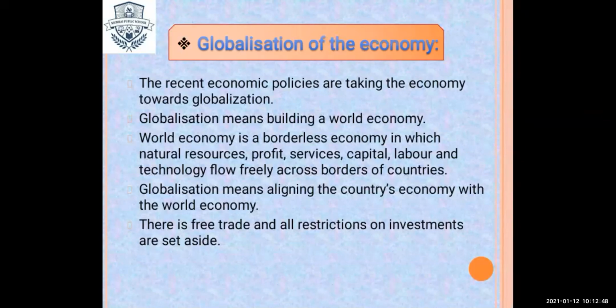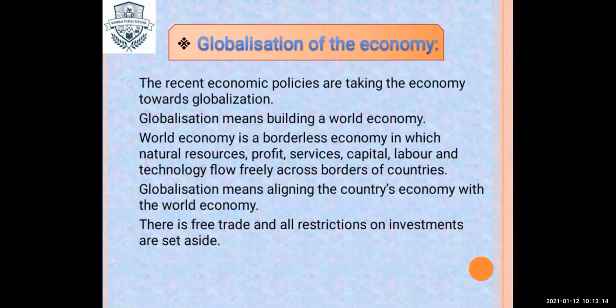All these brand products are available in the whole world. So that is called the globalization of the economy. A particular brand or product that can be seen and purchased from the whole world is known as the global world.